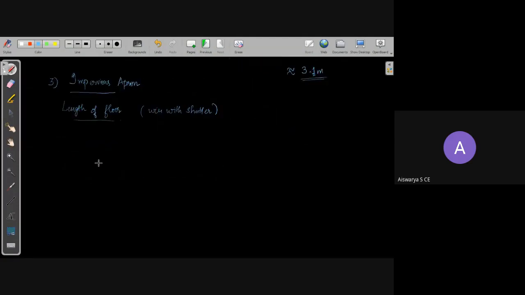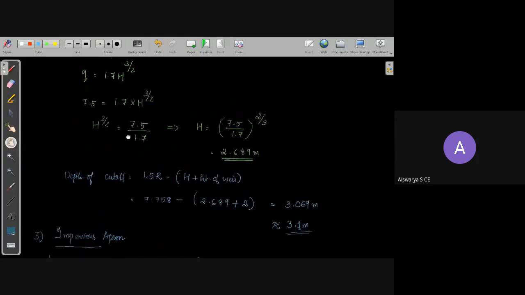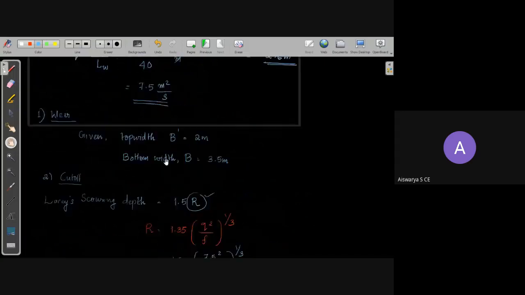First equation is to find out L2. L2 equal to 2.21 C root of HL divided by 13. In this, C is the Bligh's creep coefficient, already given in the question, value is 12. Then what is the value of HL? HL we have found out at the very starting.